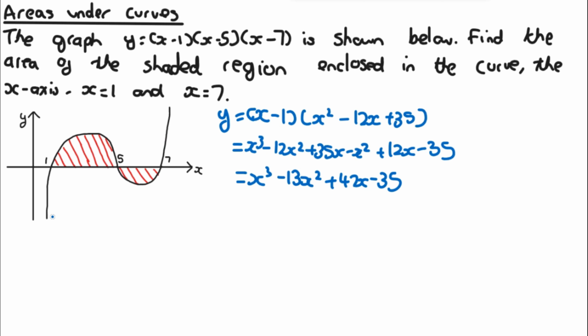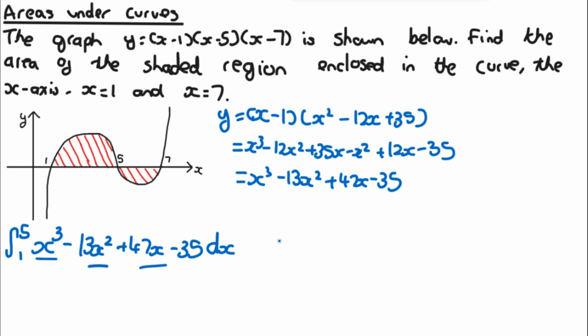So first of all, we want to find the area of the top part. So this is going to be the integral between 1 and 5 of x to the power of 3 minus 13x squared plus 47x minus 35 dx. Remember we integrate the terms individually. X to the power of 3 is going to be 1 over 4 x to the power of 4.